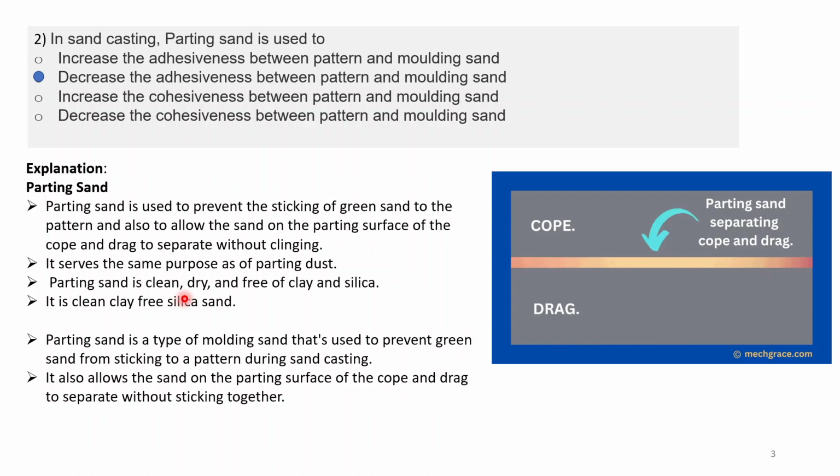The parting sand is clean, dry and free of clay and silica. It is clean, clay-free silica sand, and it is a type of molding sand used to prevent green sand from sticking to the pattern during sand casting, and it also allows the sand on the parting surface of the cope and drag to separate without sticking together.